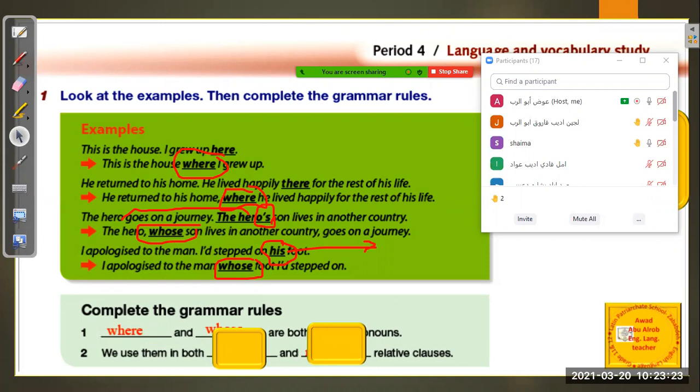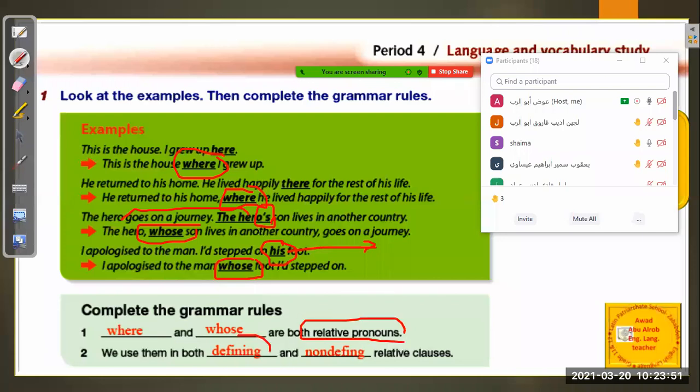We use them in both defining and non-defining relative clauses. So, yes, thank you very much. So where and whose are used as relative pronouns, like who, which, or that, the same thing, and they are used in defining and non-defining clauses in both cases.